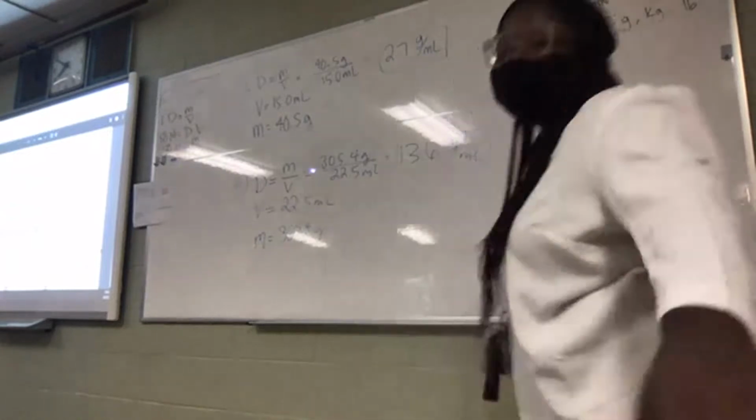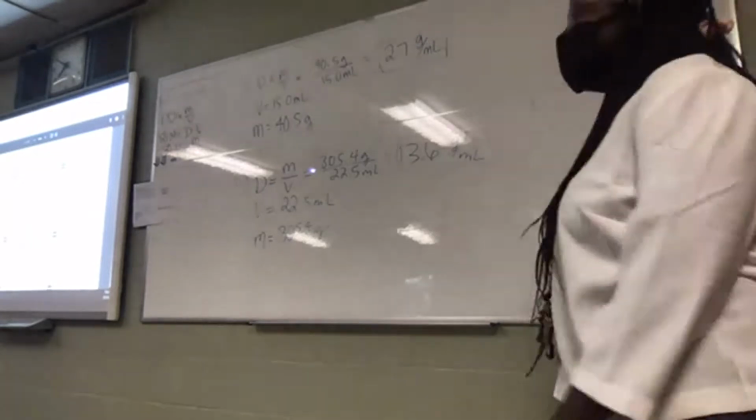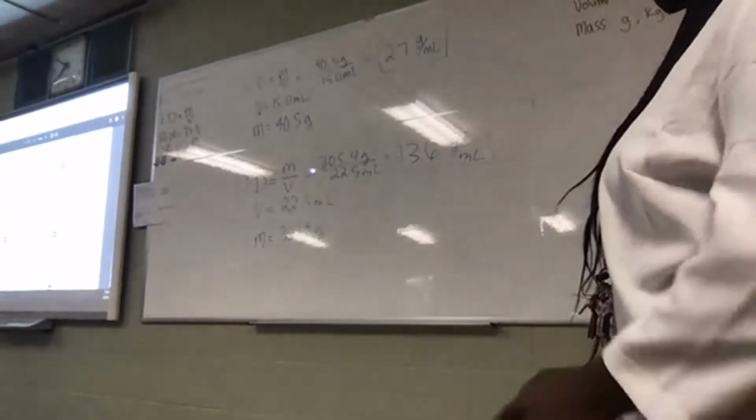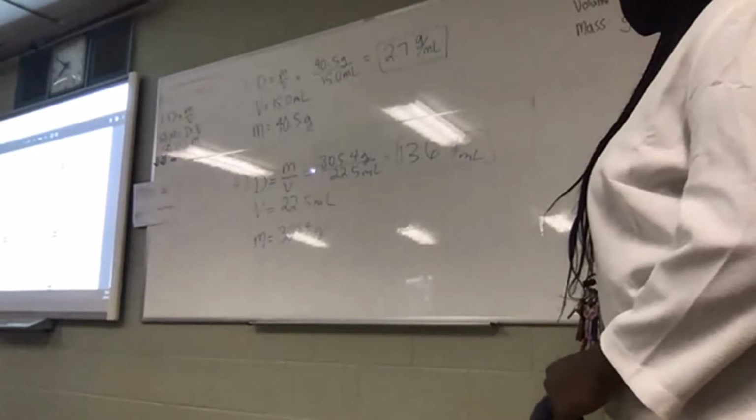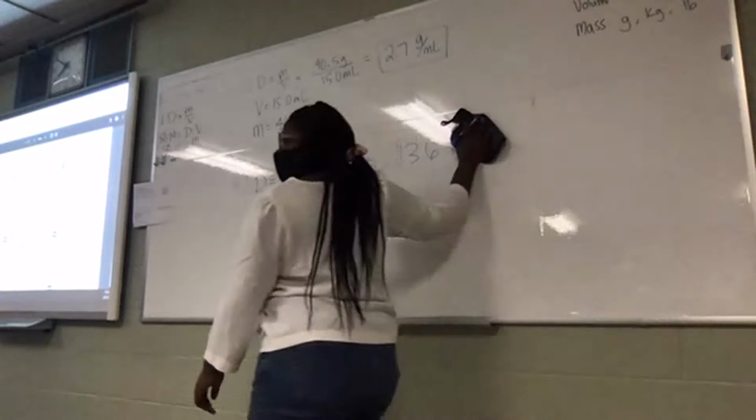Let's do another one. Number 3 says, what mass of ethyl alcohol exactly fills a 200 milliliter container? The density of ethyl alcohol is 0.789 grams per milliliter. Can I erase both of these? Yeah.